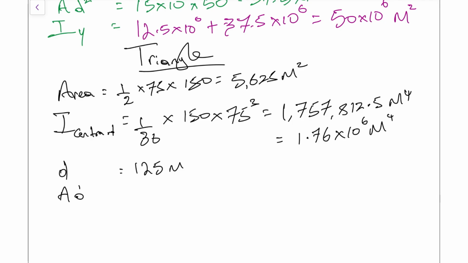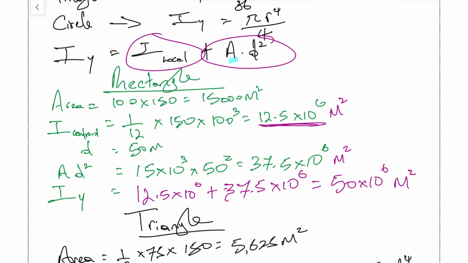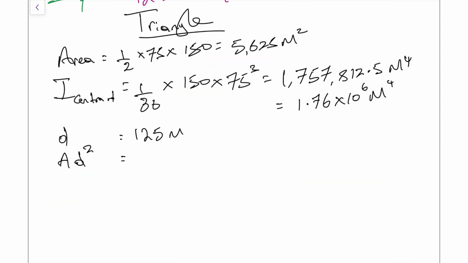So A for area times D squared. And when we do A times D squared, just to put things into perspective, what we're doing is this part of our calculation. So A times D squared, so A is 5,625 multiplied by 1.76 times 10 to the power of 6.